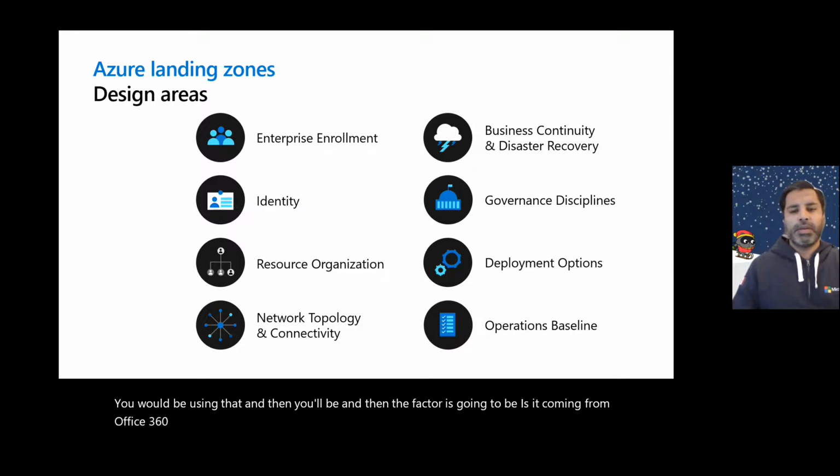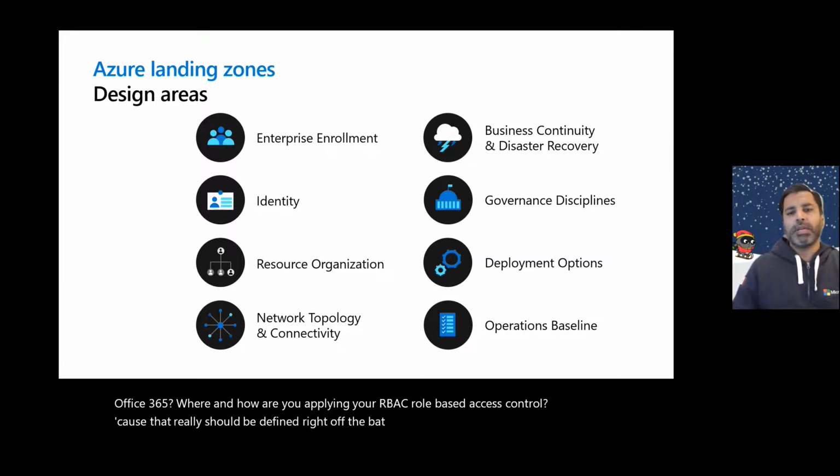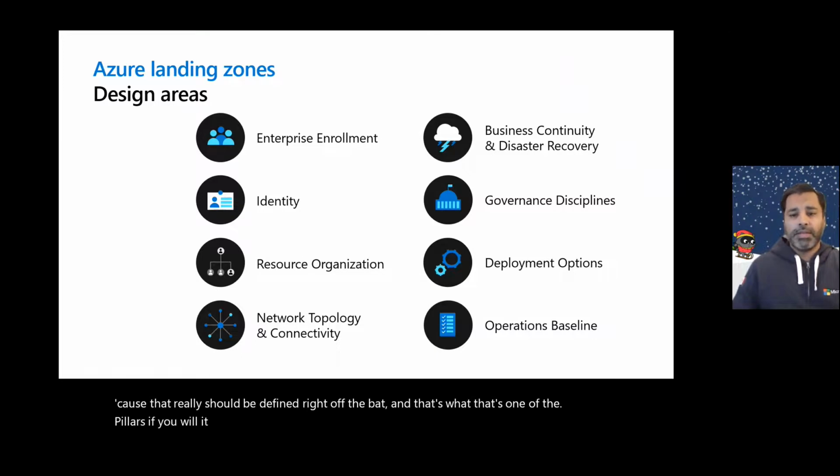Where and how are you applying your RBACs, role-based access control? Because that really should be defined right off the bat, and that's one of the pillars, if you will, of the Azure Landing Zone.